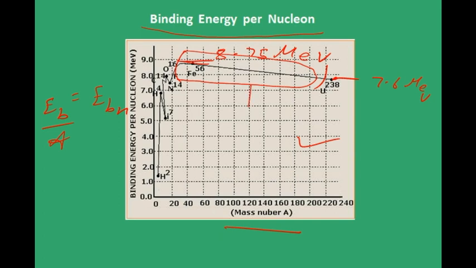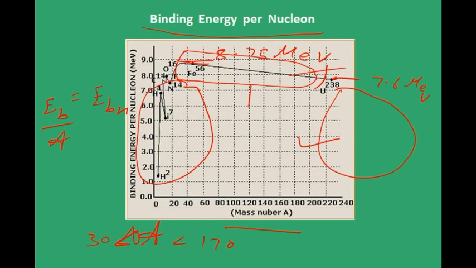When you take atoms with greater mass number in this region, the value is going to be less than this, as well as in this region it is also going to be less than this, but here it is varying but pretty much constant. That is of interest to us. Actually, that region can be roughly set as greater than 30 and less than 170. That is our area of interest. This is the mass number.